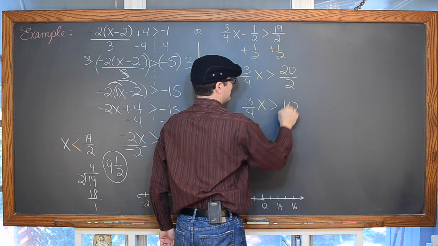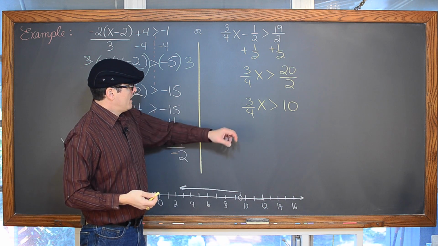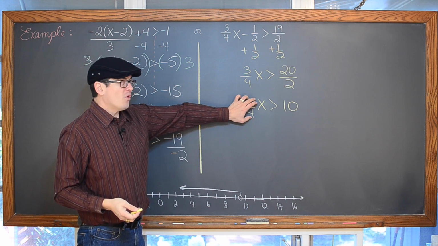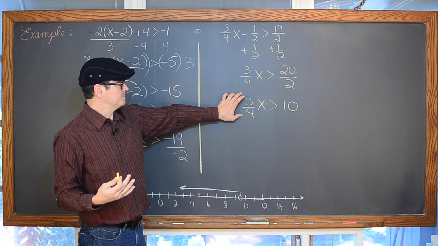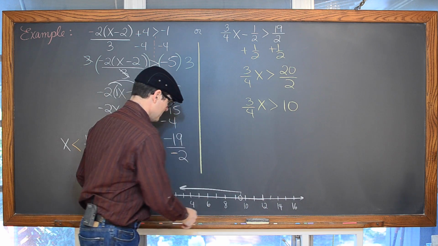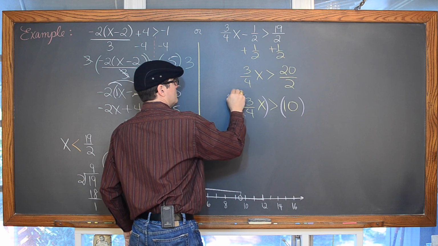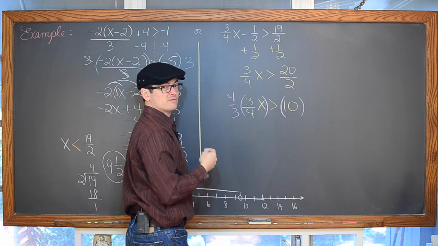And now when you're solving equations and inequalities, and you have a multiplication or a coefficient which is a fraction or a ratio, you can get rid of that in one step by multiplying both sides of your equation, or in this case inequality, by the reciprocal, or in other words, flip it.